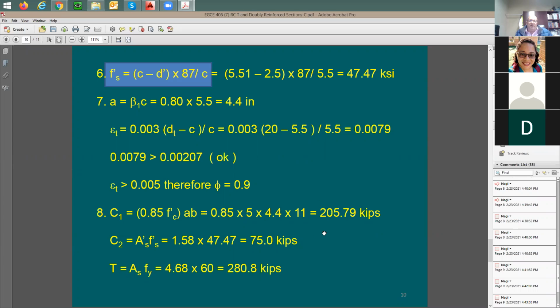So this is a good check that you can do for yourself. If you find that there is a big difference between C1 plus C2 and the tension force, something's wrong. This rounding here is just approximation, from the approximation that we kept on doing here. So it's not really an error, it is more of an approximation when you round up.